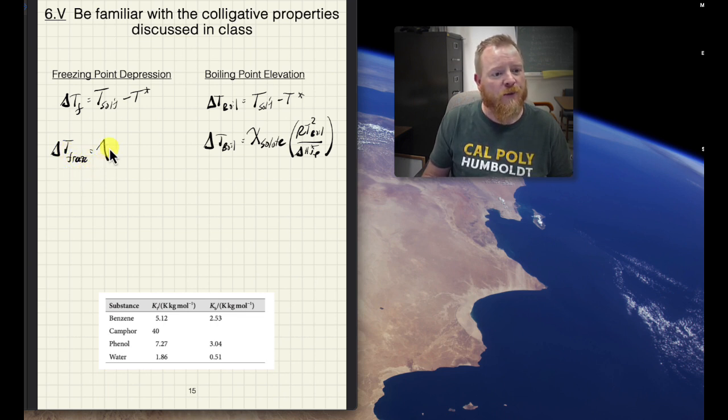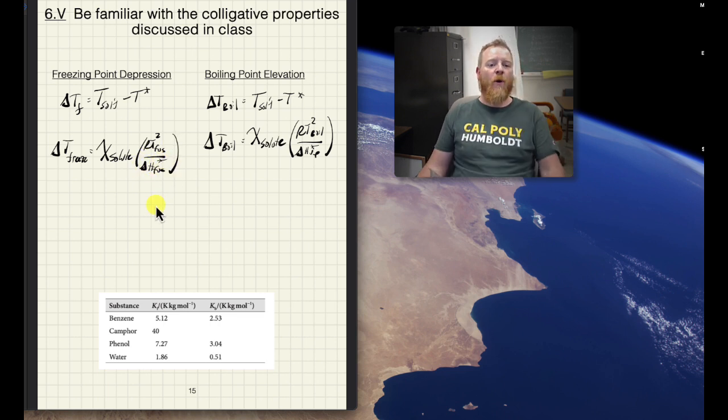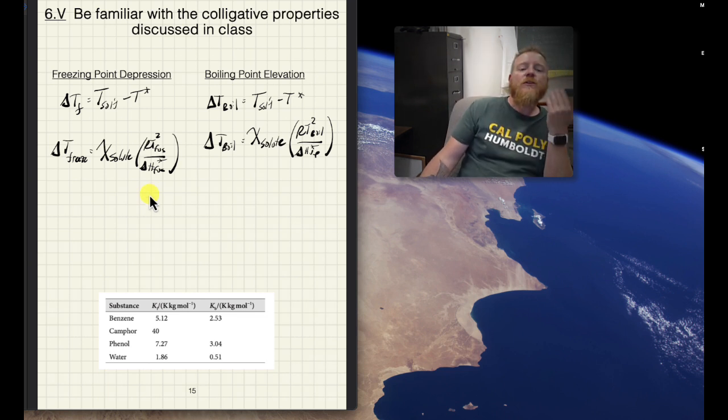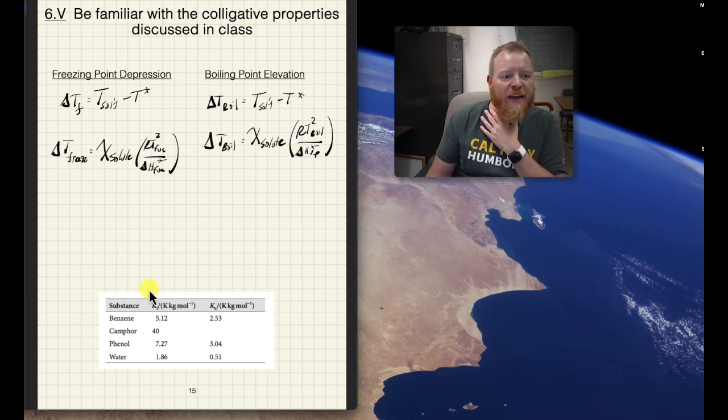So that goes mole fraction of the solute times R T squared. And now that T is the freezing point, right? Divided by delta H of fusion of the pure material. So these are derived using our ideal situation. And then now you'll notice here that I've got some constants down here.